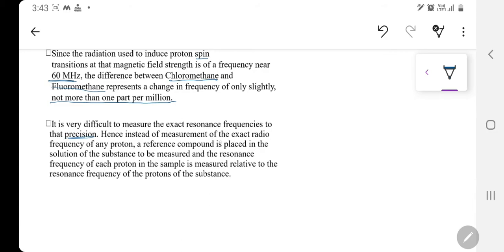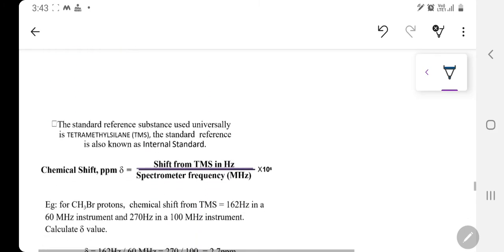Hence, instead of measuring the exact radio frequency of any proton, a reference compound is placed in the solution of the substance to be measured, and the resonance frequency of each proton in the sample is measured relative to the resonance frequency of the protons of the reference substance. The standard reference substance, universally, is TMS.